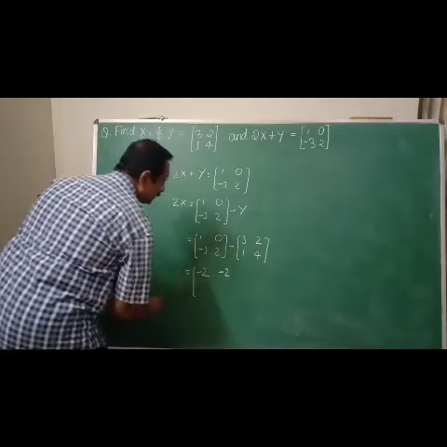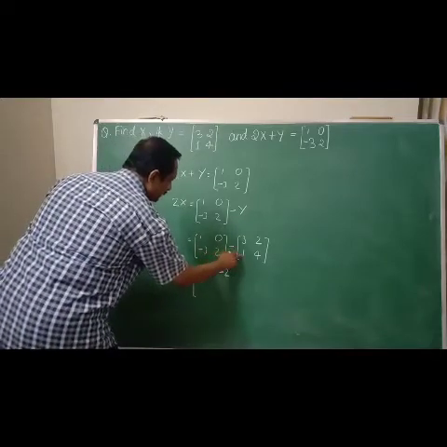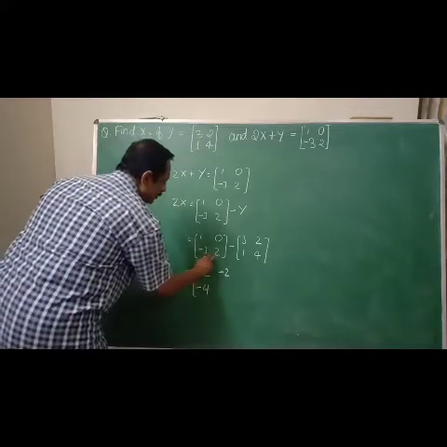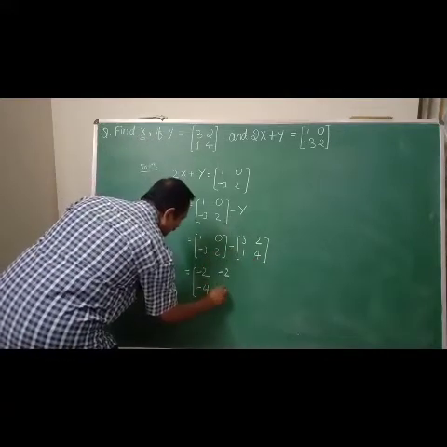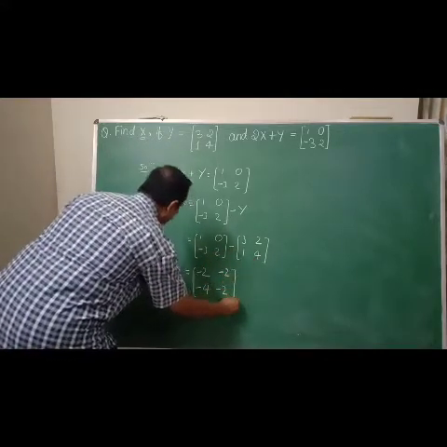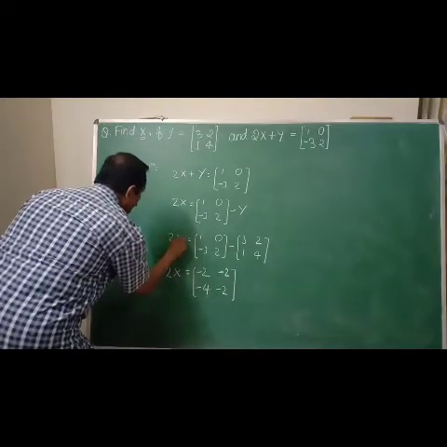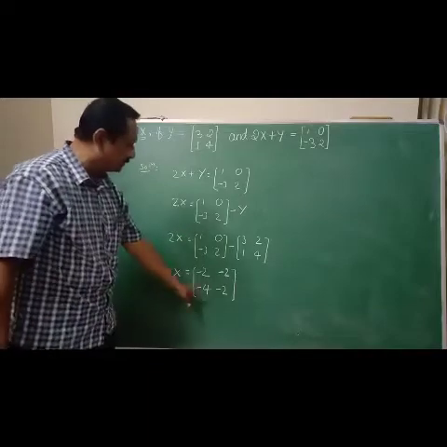Minus 3 minus 1 is minus 4. 2 minus 4 is minus 2. Therefore 2x is equal to this matrix.